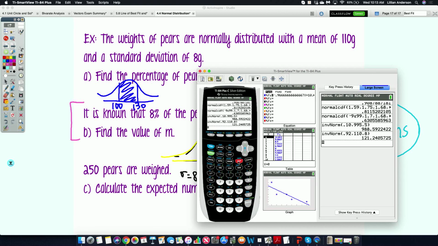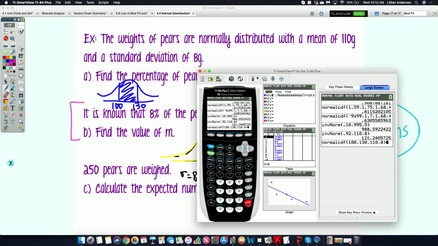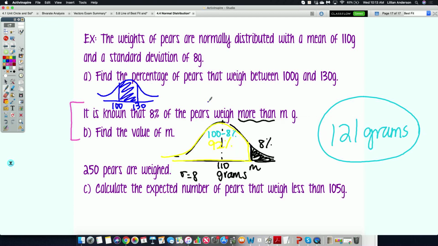So that's second bars, option 2, lower bound is 100, upper bound is 130. My mean is 110, and my standard deviation is 8. When I paste it all in, my probability is going to be 0.888. That is the probability that the pears are going to weigh between 100 grams and 130 grams.